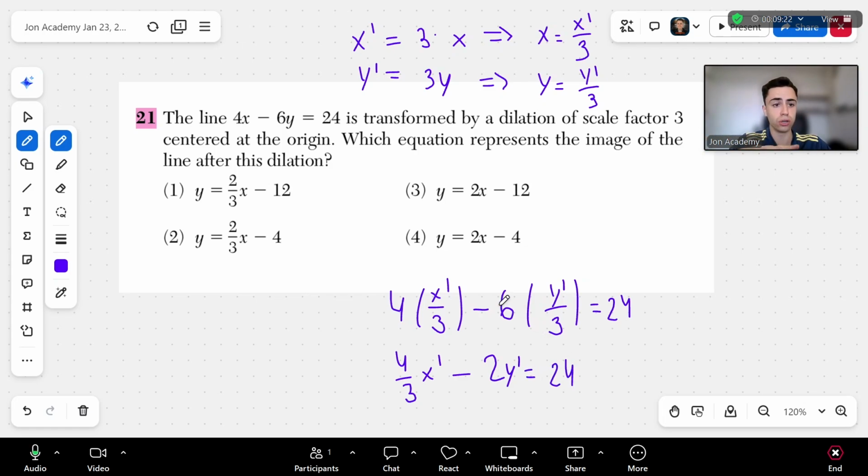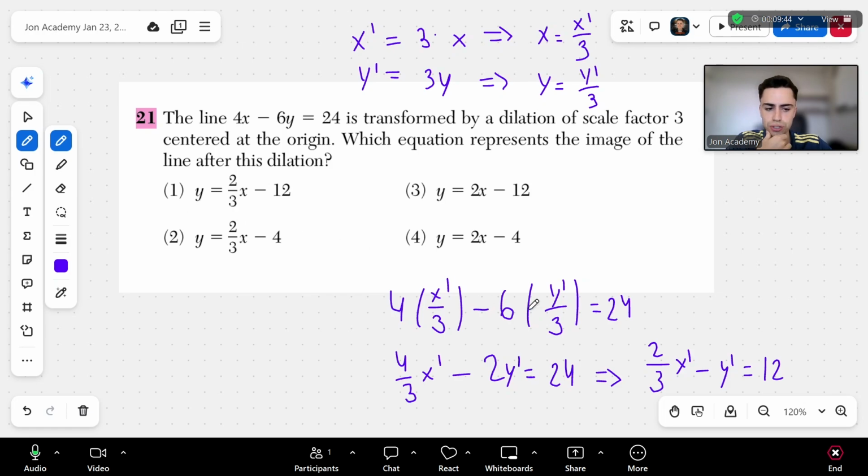What happens? None of the equations look similar to this one because we have a 24 here, but we are very close. We just have to divide everything by 2, both sides of the equation. And this is going to get us to 2 thirds x prime minus y prime equals 12. And now, what can we see?